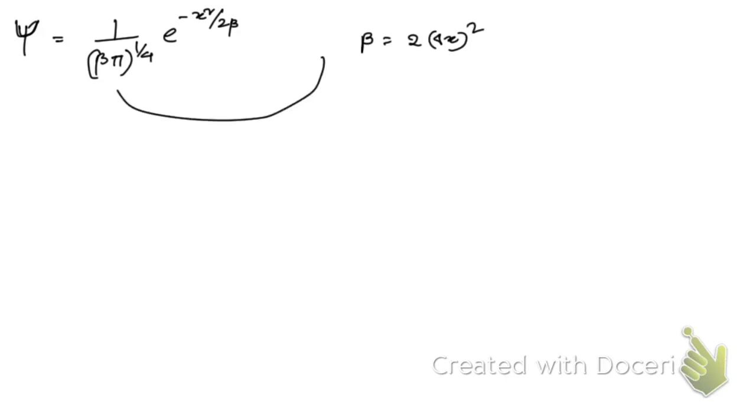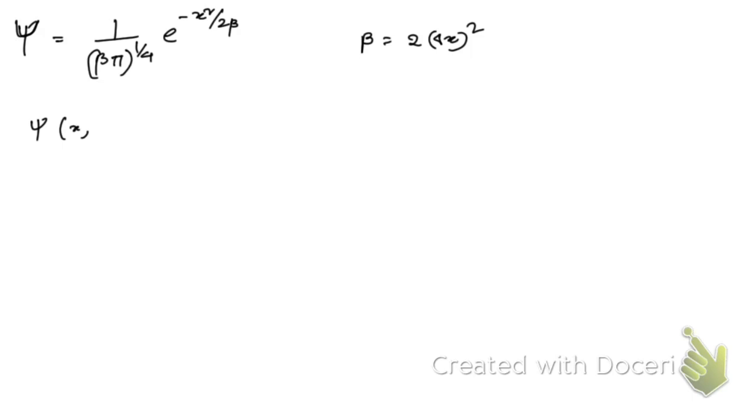If you put this value here, then you're going to have this result for psi. Here we have considered t is equal to 0. We have assumed that this function is centered at x equal to 0 when t is equal to 0.